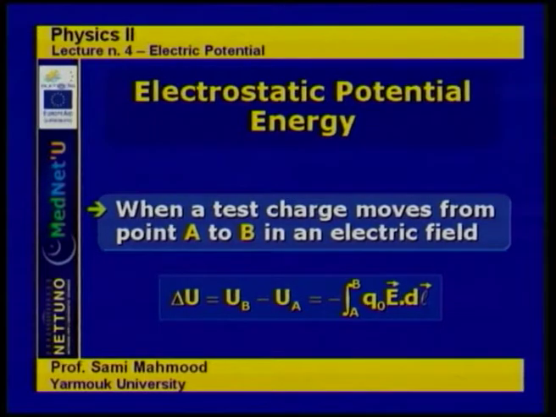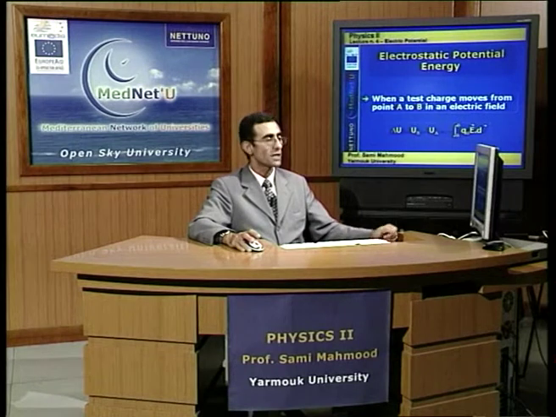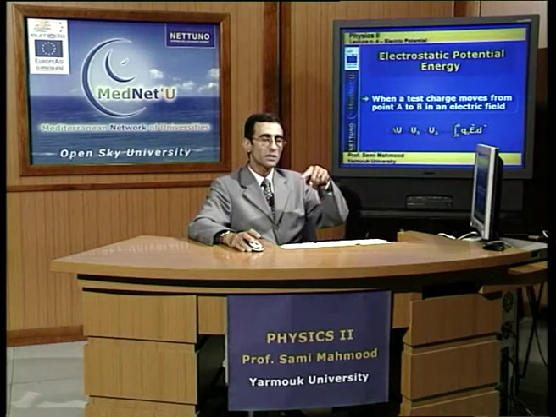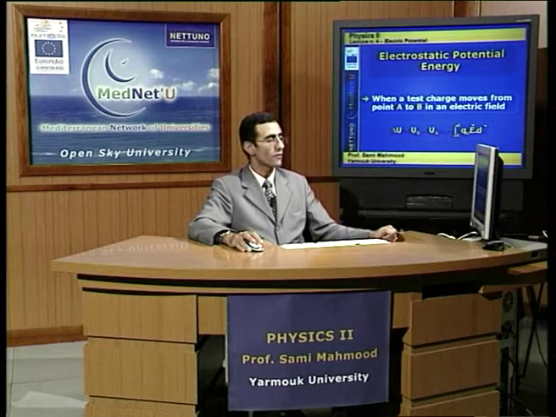In this case, F is equal to Q naught, the test charge, times the electric field. That is the force. So that's simply minus F dot dl integrated over the displacement from the initial configuration to the final configuration.